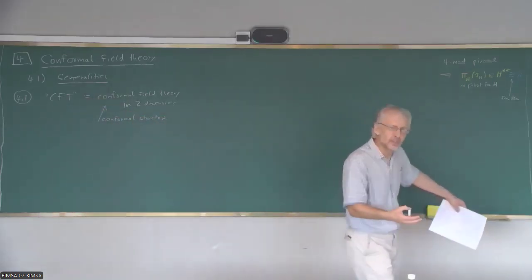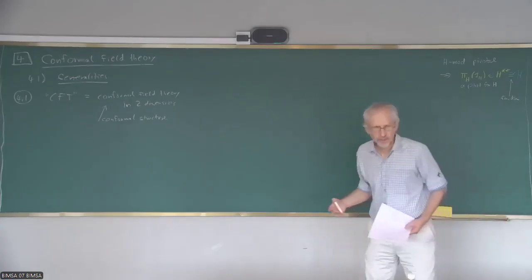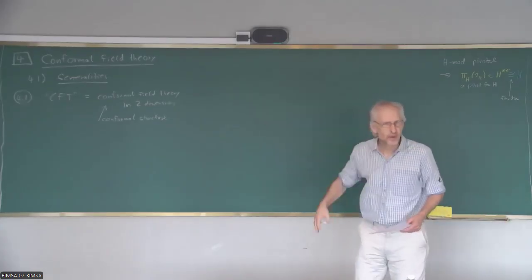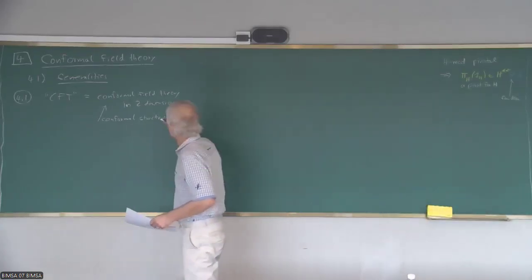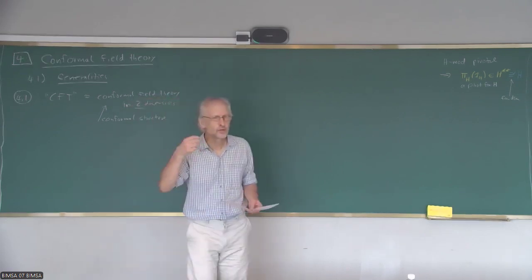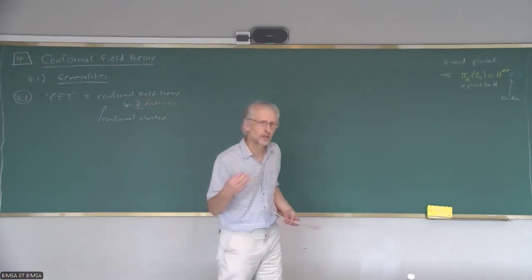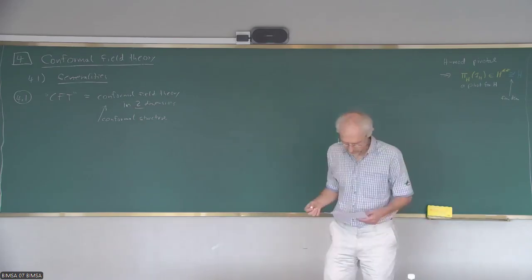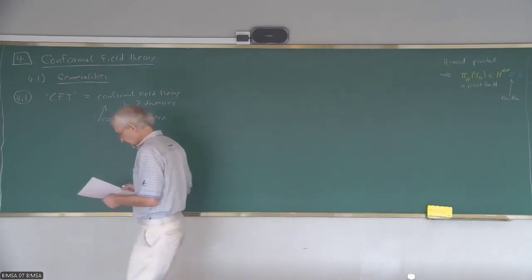You do not really use those metrics, but you remember a little bit about it. In particular, we are now in 2 dimensions, so this could either be 2 plus 0 Euclidean signature or 1 plus 1 Minkowskian signature.